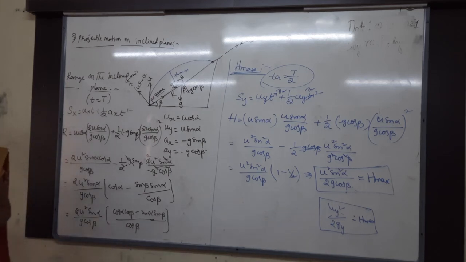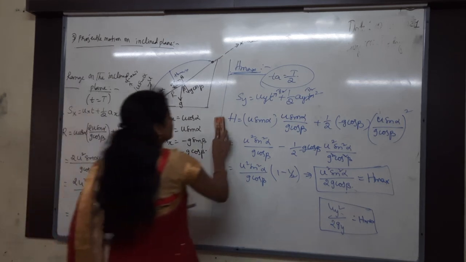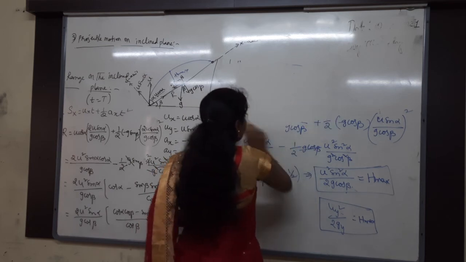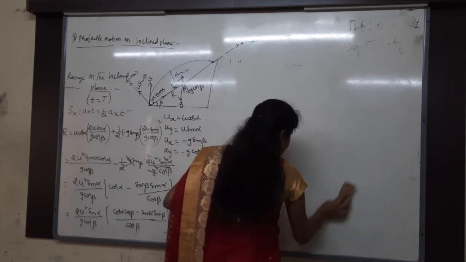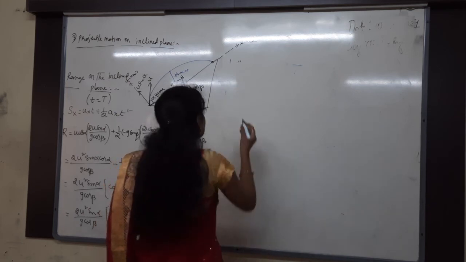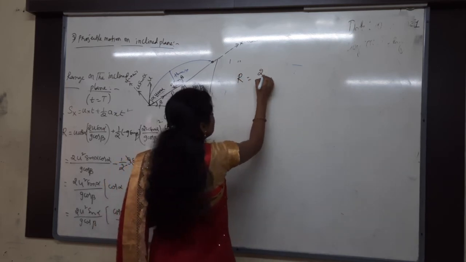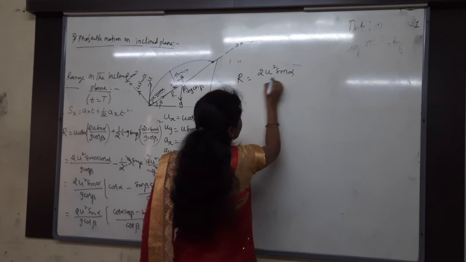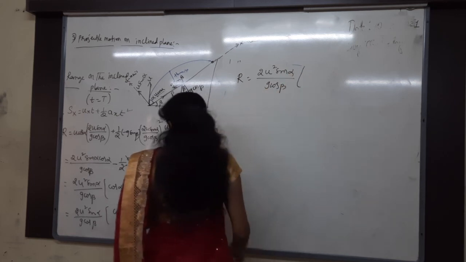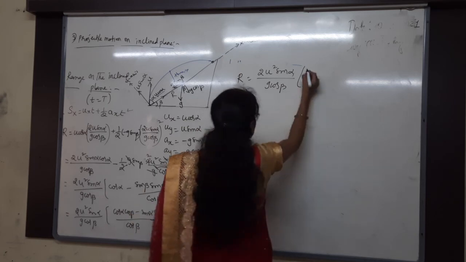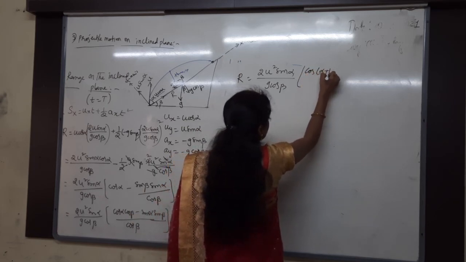Now, see that R is equal to again 2u square sin alpha by g cos beta. So the total numerator, what can I take that as? Cos of alpha plus beta.